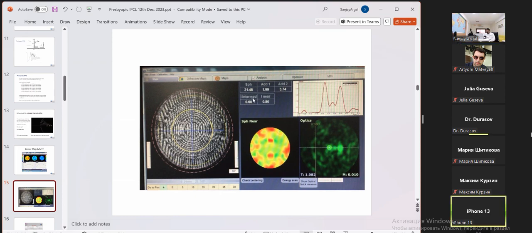So far focus is 21.48, and for the intermediate is 1.99 diopter, and for the near focus, the addition is 3.74. So this test we do for all our bifocal, trifocal lenses.